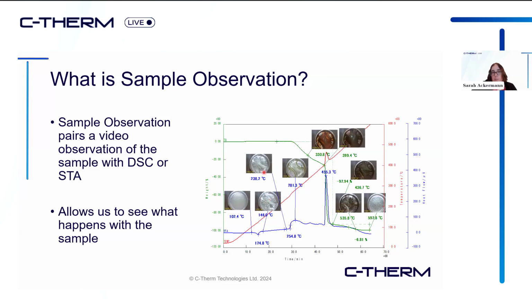When you compare this temperature video versus this one, you can see that this looks like something you would attribute to a glass transition, but you can also see some discoloration. So we can see that there's an onset of some degradation there. And if we go up, we can also see that this is about the onset of mass loss. So that also confirms that we're also starting to see some degradation.